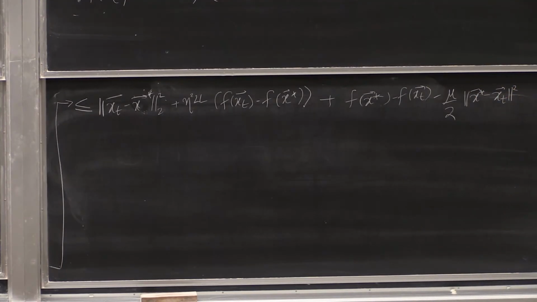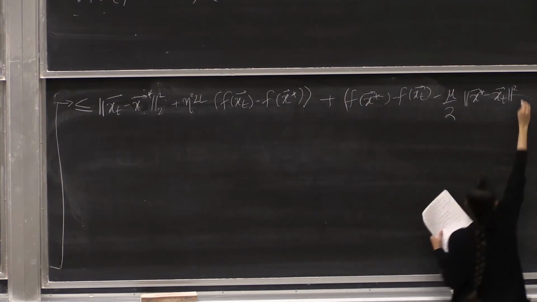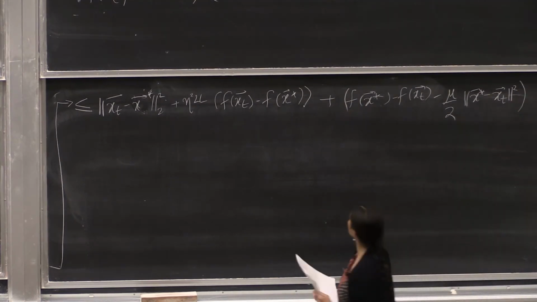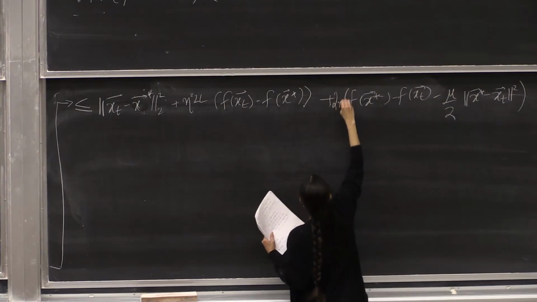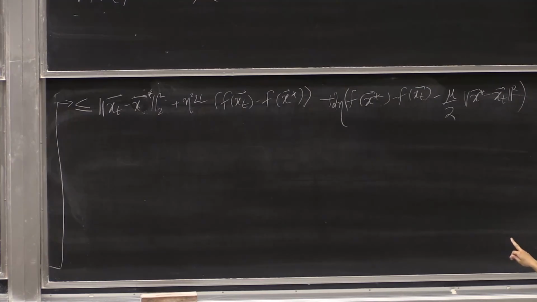Oh, and we need a 2 eta, yes. Good point. So there should be, in front of all of this, a 2 eta. No, I didn't do negative on both sides there. I just changed on one side. It's x star minus xt is minus xt minus x star. Those two things are equal on the left-hand side.